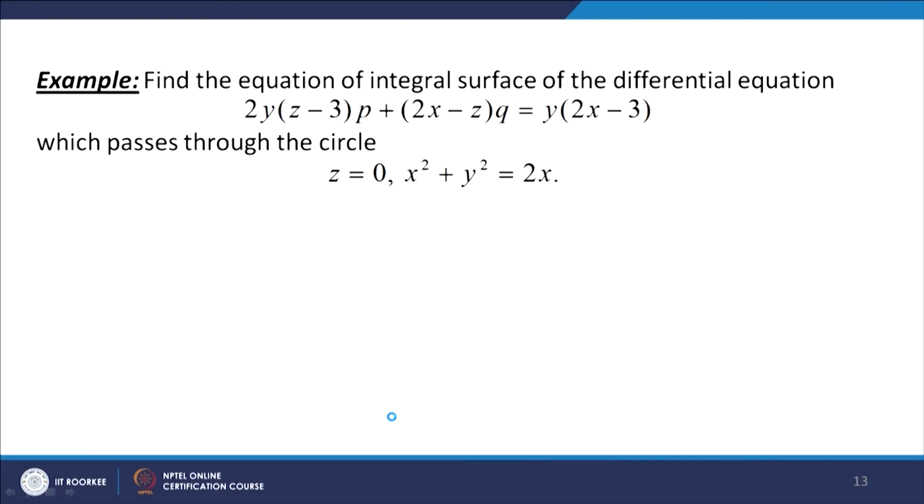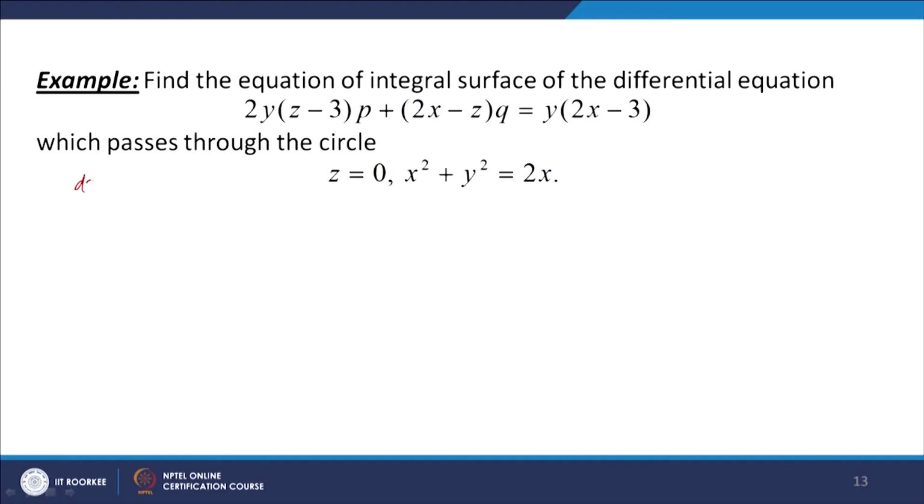Now, let us look at the last problem of this lecture. Find the equation of the integral surface of the differential equation, the first order Cauchy-linear PDE, 2y(z minus 3)p plus (2x minus z)q equal to y times (2x minus 3), which passes through this circle. So, let us first solve this Cauchy-linear PDE.